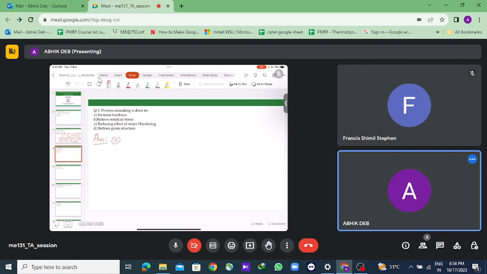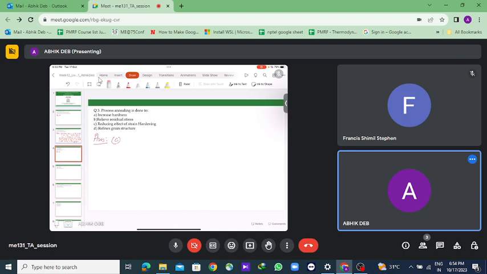So what is the main product of the quenching process? Can you tell me what is the main product of the quenching process? Bainite and martensite. Not really. Only martensite.